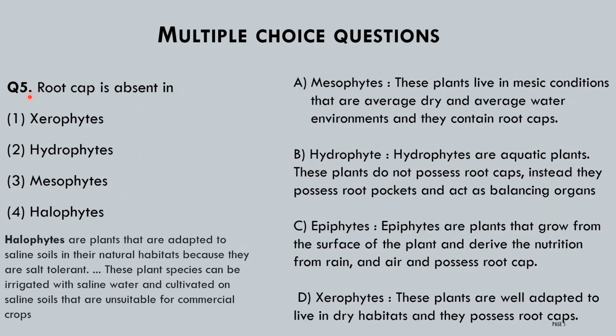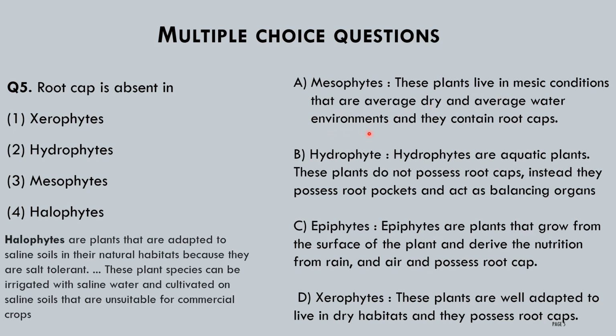Next question, question 5. Root cap is absent in: option 1 xerophytes, option 2 hydrophytes, option 3 mesophytes, option 4 halophytes. Let us discuss in detail. Mesophytes, these plants live in mesic conditions, in average dry and average water environments.